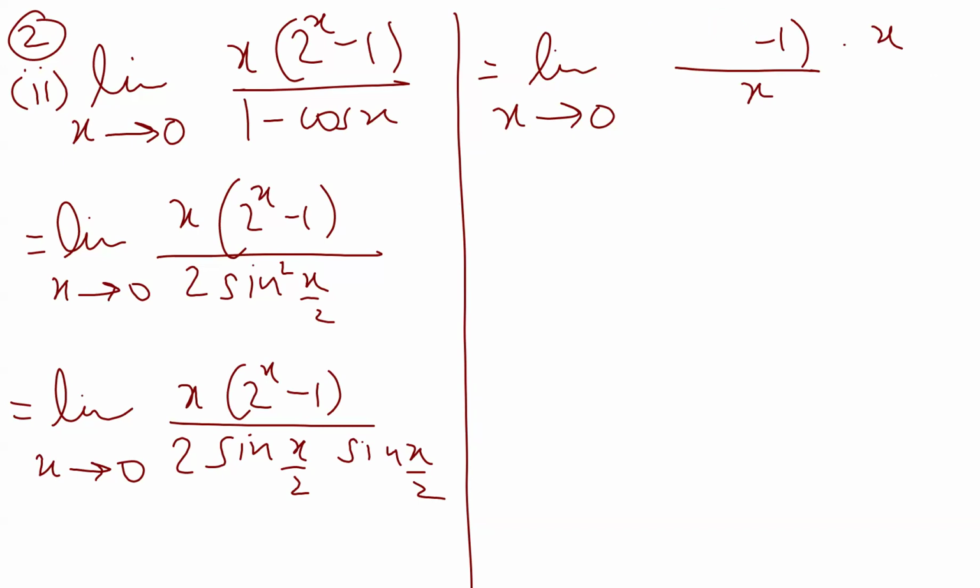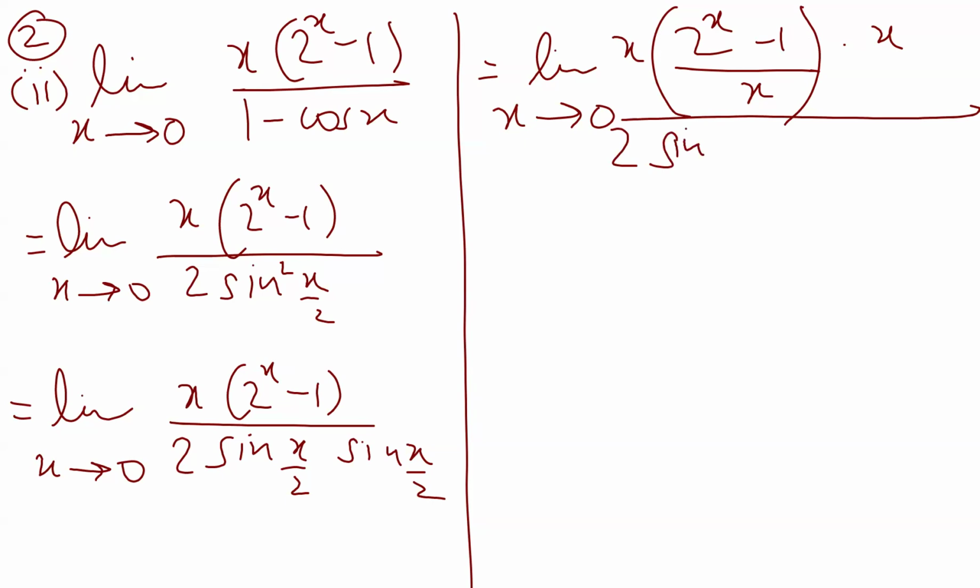There is x over here, so down also we require x. Multiply and divide with x, down in the denominator. 2 sine x by 2 into x by 2.